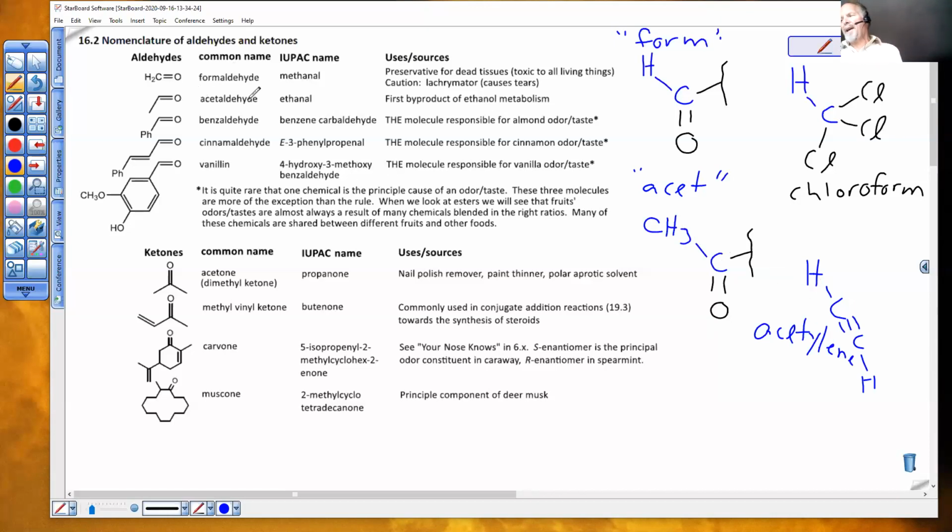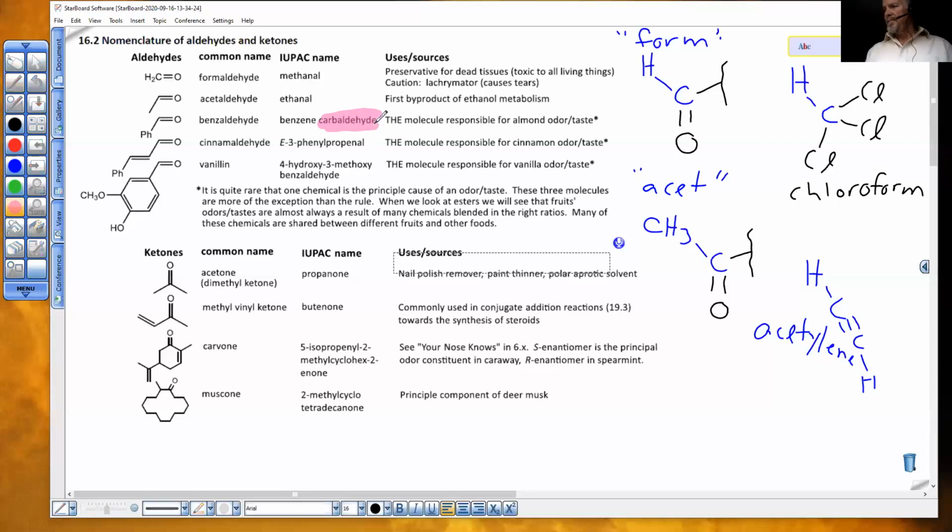So there's acetaldehyde. There's benzaldehyde, very common name. Benzene carbaldehyde. This is a new thing. When do we use carbaldehyde? I think that deserves its own explanation. Carbaldehyde is used when there is an aldehyde sticking off of a ring.